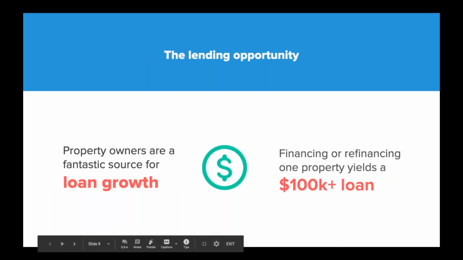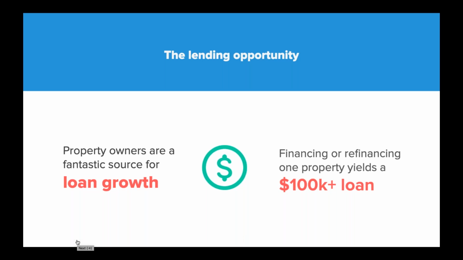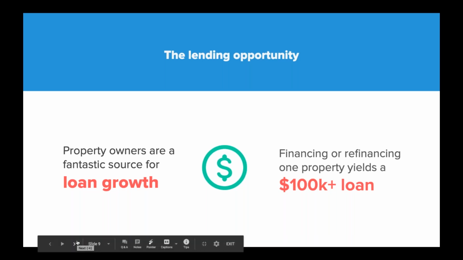The second side of the coin, though, and we all know this, is that landlords are always going to have lending needs. And again, you can think about this in your particular region of the country. Just think about a single family unit home. If that's an investment property, think of what the average lending opportunity would be there, if you got one, right?